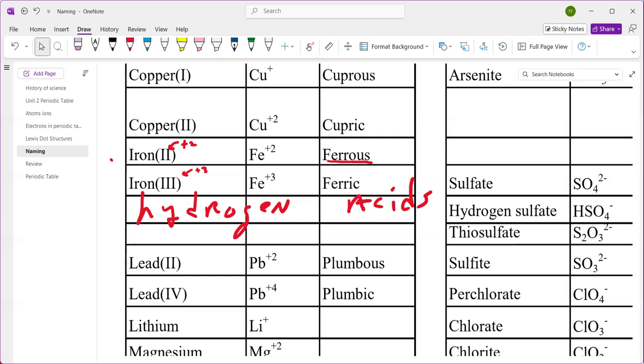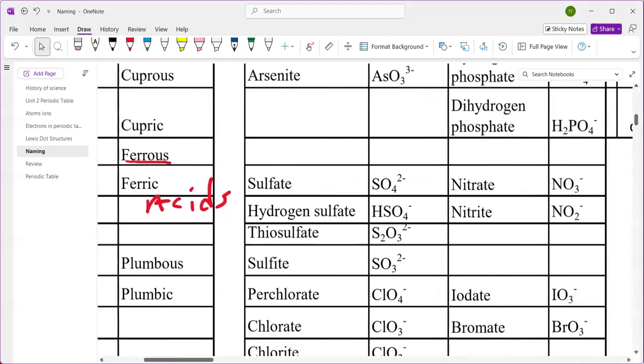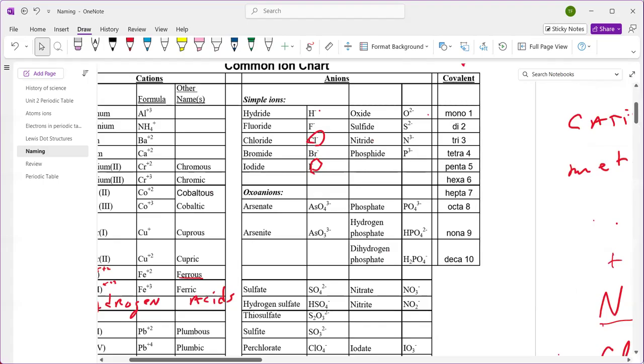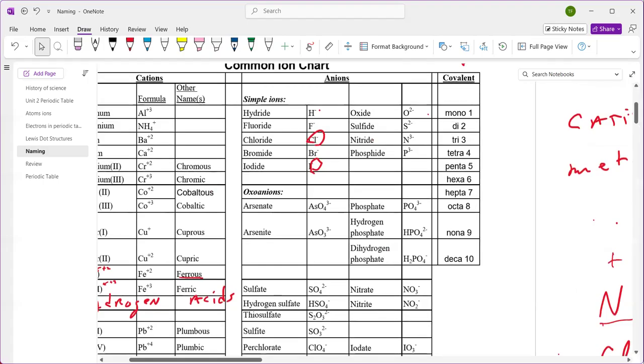Normally, it's negatively charged. So if you see on your chart over here, on the right side, the very top, it's called hydride, H-. So it's kind of weird. It's kind of both. So most of the time it's hydride.